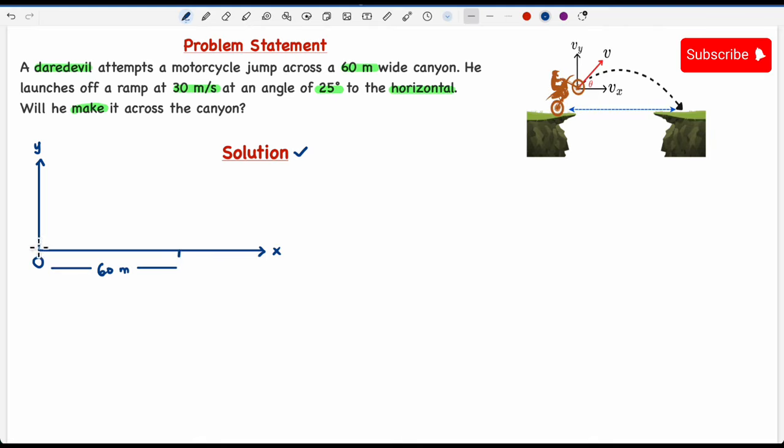With projectile motion, we are going to solve this in a few steps. So now we place the motorcycle here at the point of launch, that is the 0 point, given an initial speed or velocity that makes an angle of 25 degrees to the horizontal. So our initial speed is V0 and the angle it makes with the horizontal is theta.